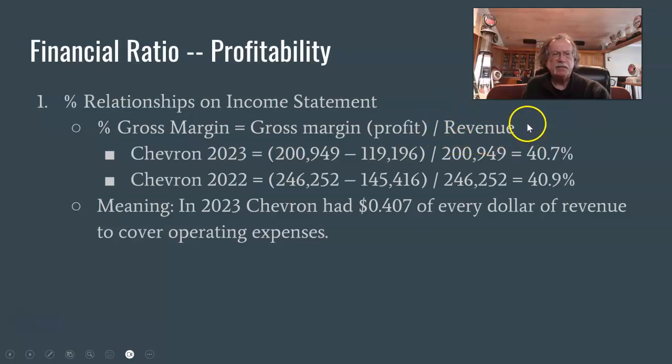But the sum of the individual projects, if we have 100 projects in the company, makes up this revenue component. And that's why what we're talking about is important. The gross margin of 40% or 41% is a big number. And that's a good number for most companies.